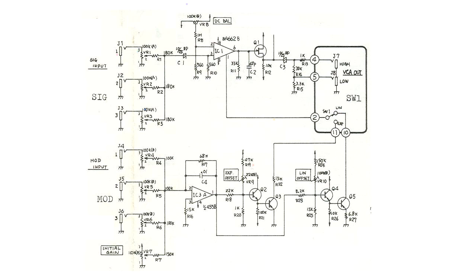Now, if you really wanted to do a detailed analysis, you would want to include the effects of this pot. So let's say you had the pot turned such that one branch was 50K and the other branch was also 50K. Well, then you would have a voltage divider where the denominator would have 50K plus this 560 ohm plus 180K, then in parallel with this 50K on the lower branch.